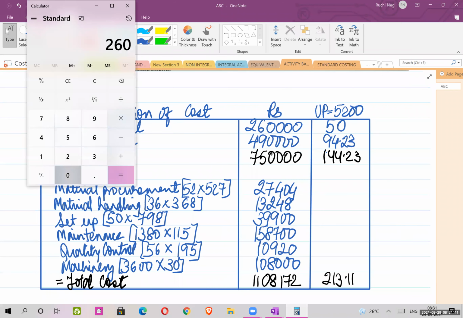So 2,60,000 divided by 5,200 makes it 50 rupees per component, right? Next, 4,90,000 divided by 5,200. So 94.23 per component. Then calculate prime cost for the same. So 2,60,000 plus 4,90,000 makes it 7,50,000. Divide with 5,200 components. So 144.23.